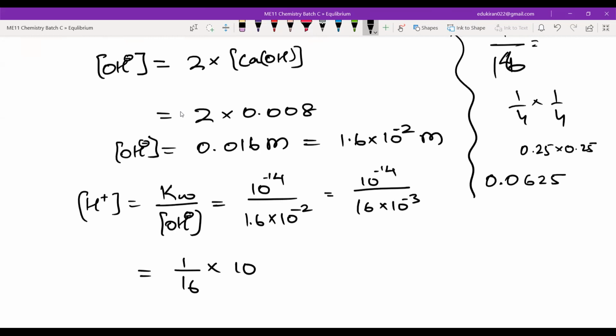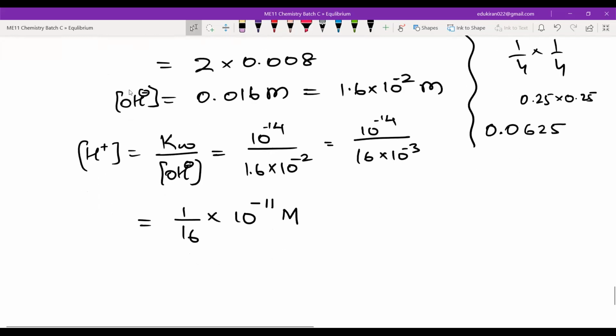Minus 14 plus 3 will be equal to how much? Minus 11 molar. Now, we have just written that 1 upon 16 is equal to 0.0625, into 10 to the power of minus 11 molar.